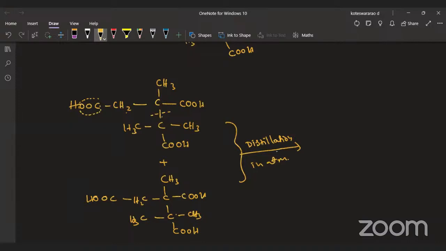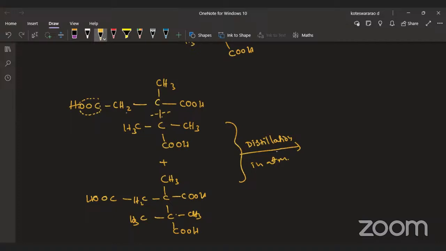Look here, again I am repeating. This bond will be broken. From this, a decarboxylation reaction takes place. Therefore, this hydrogen is taken by this carbon. It is generated as CH3, CH3, CH3, COH. And the carbon requires one hydrogen; how it occurs, I will tell you later.